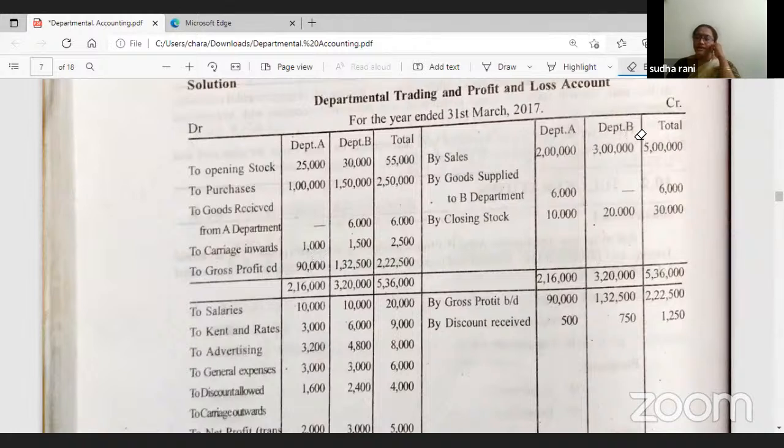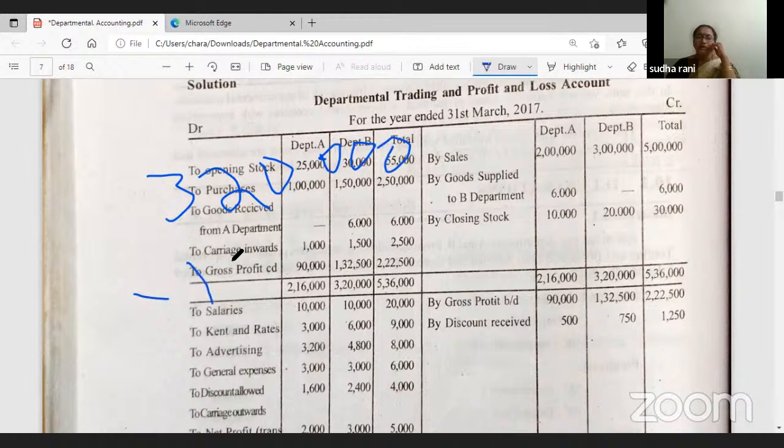For Department B, credit total is 3,20,000 and debit total is 30 plus 1 lakh 50, 1 lakh 80, plus 1 lakh 86, plus 1,500, 1,87,500. So from 3,20,000, subtract 1,87,500. 3,20,000 minus 1,87,500.